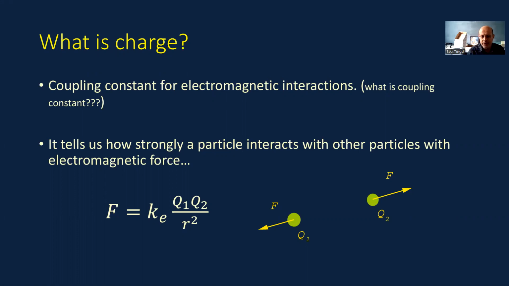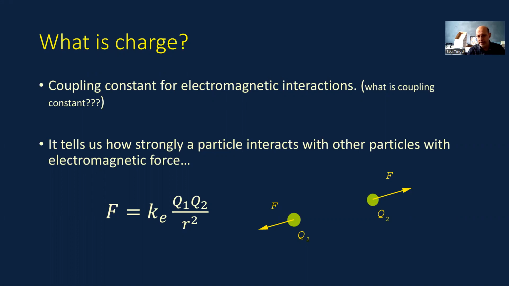So there are particles without any charge, like, for example, the neutron, which has zero charge. That means that it doesn't interact through these electromagnetic interactions, right? So any particle with charge zero means that it doesn't interact. If it has a charge, like an electron or a proton, then they interact with each other through this electromagnetic force.